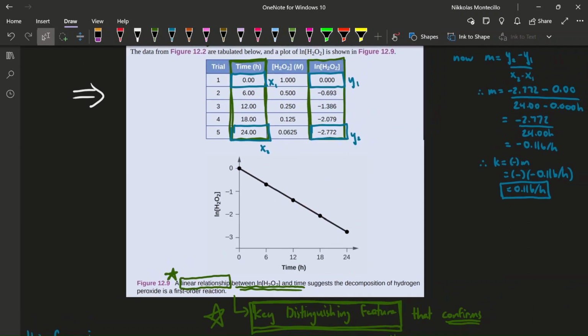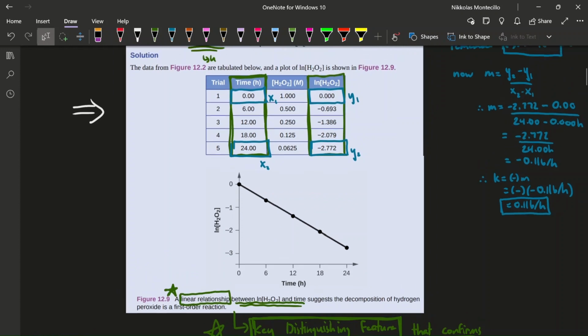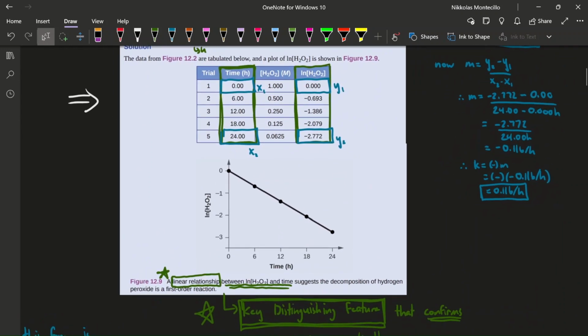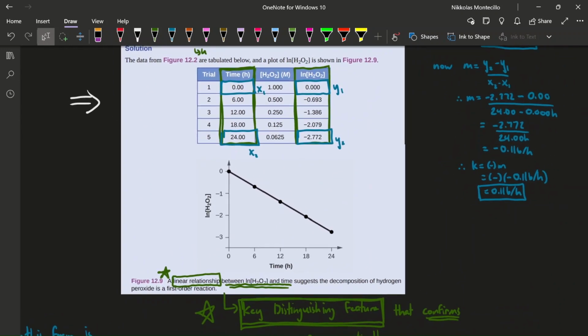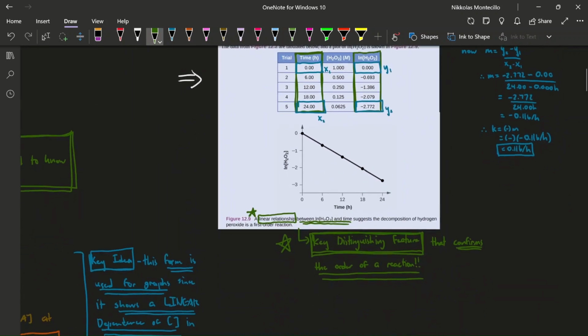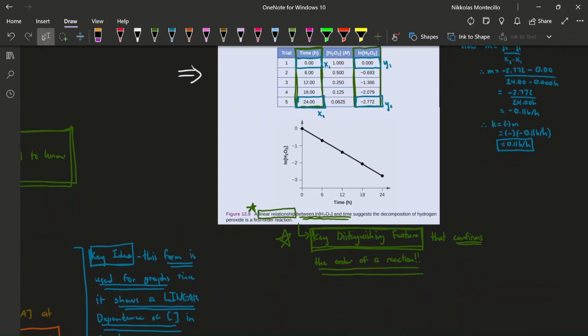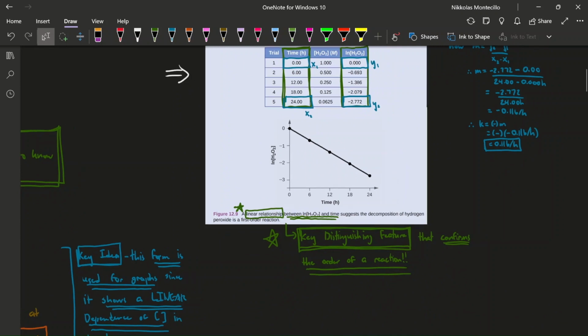We know that this is a first order reaction because there is a linear relationship formed between the two variables, which serves as an indicator that this is a first order reaction.